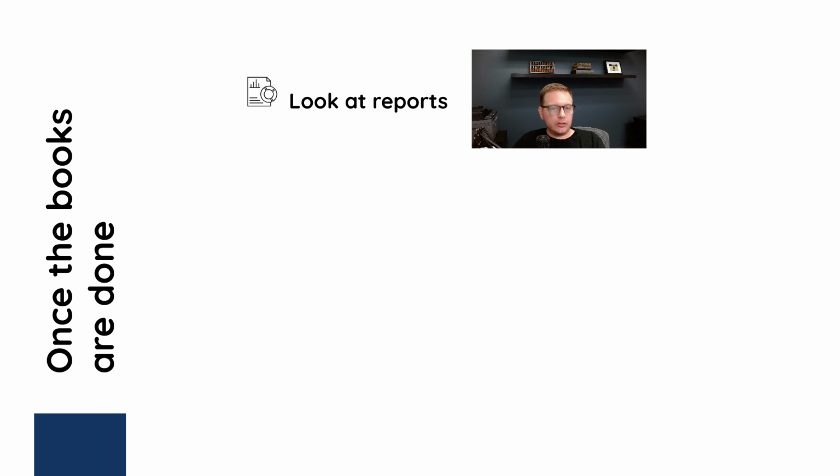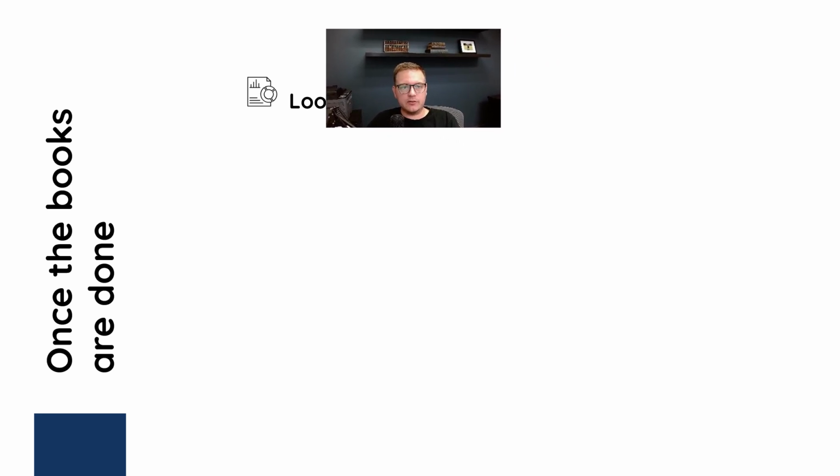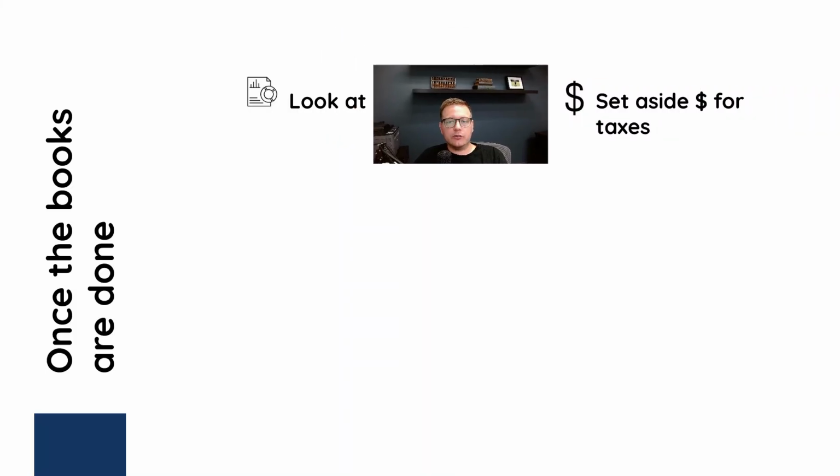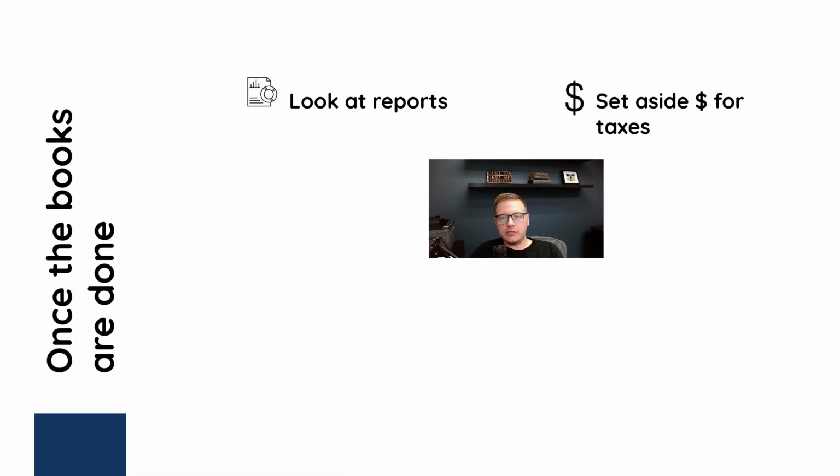But look at that profit and loss report, and it should inform you on how your business is doing in the year so far. And now something tangible that you can do with this profit and loss report is set aside money for taxes. You want to use this report to properly set aside an amount of money that you will most likely need to pay out at the end of the year or during a prepayment quarter or something like that.